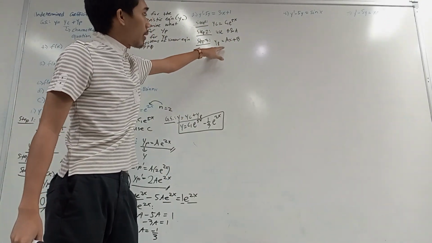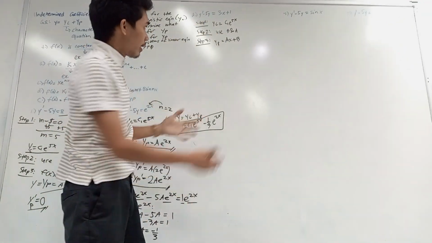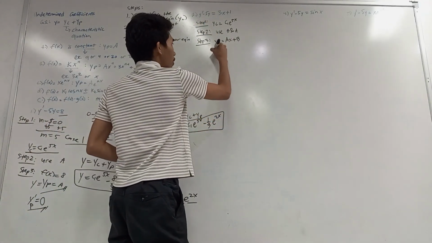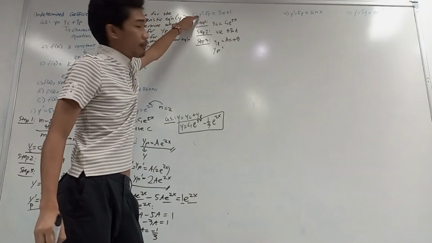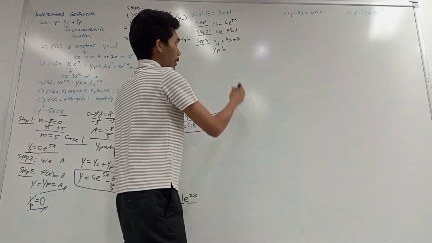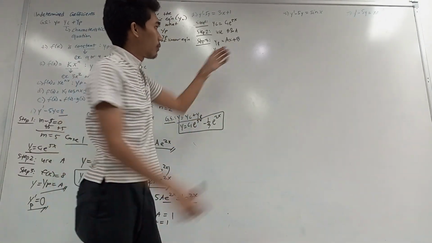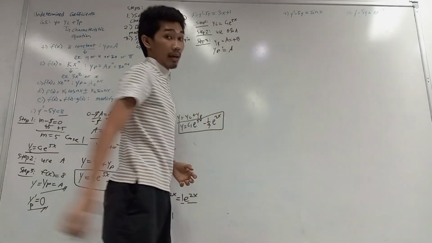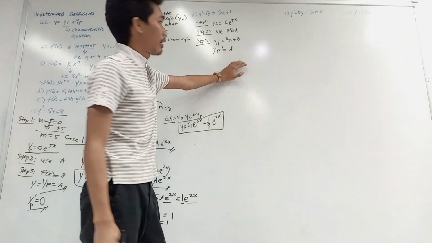So, meron na tayong yp which is yung ito. Or again, kailangan natin ng yp prime kasi meron tayong y prime dito. So, solving for yp prime, derive lang natin ang yp which is A. Ngayon, substitute lang tayo.